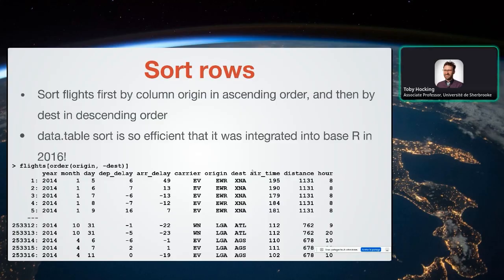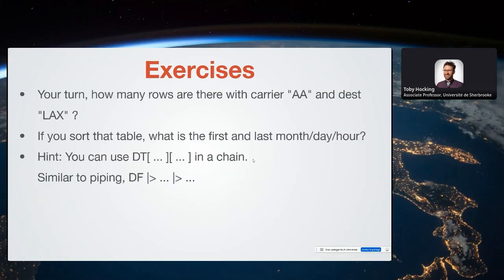It's super efficient sorting that lets you do these by-group operations very fast in data.table. There are some exercises that I'm going to skip for the amount of time that we have today, but I invite you to do the exercises on your own. You can take a look at my slides online if you search for my data.table tutorial.